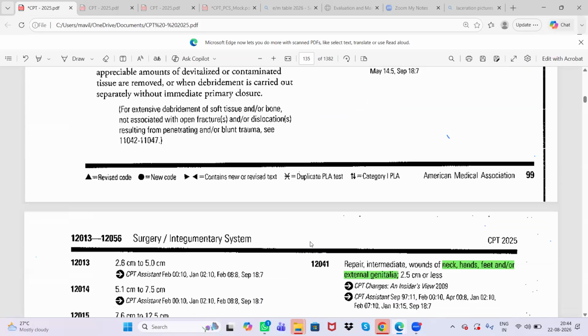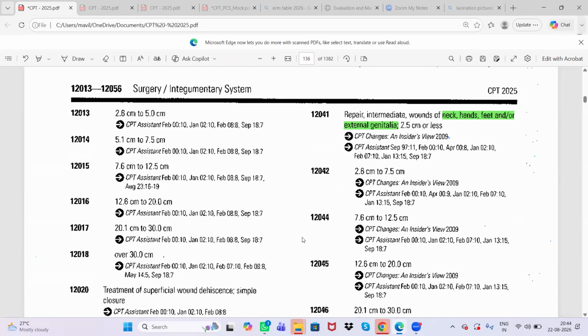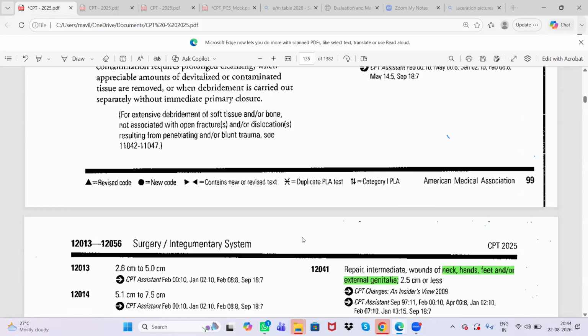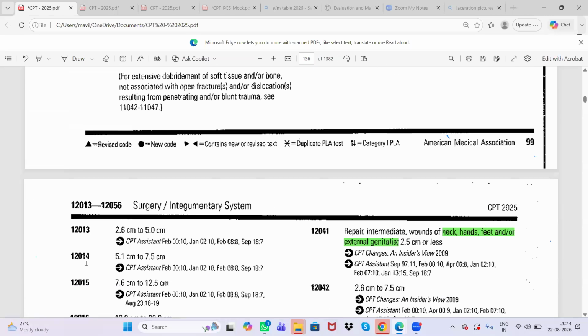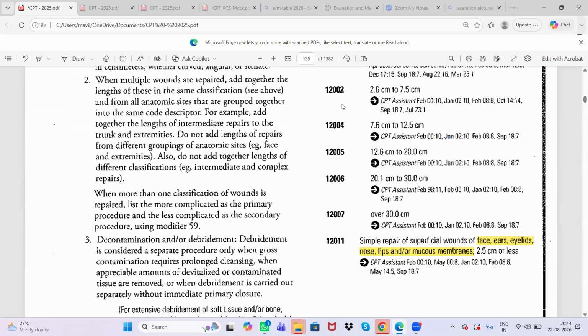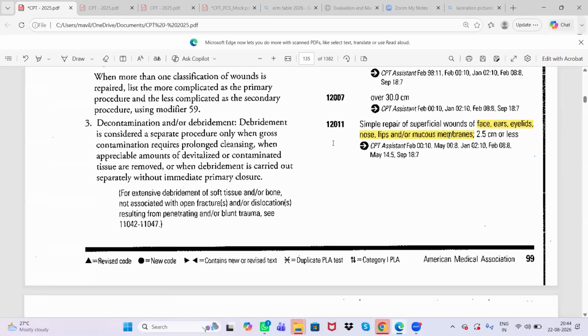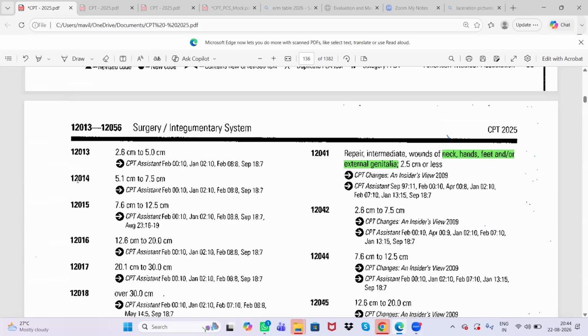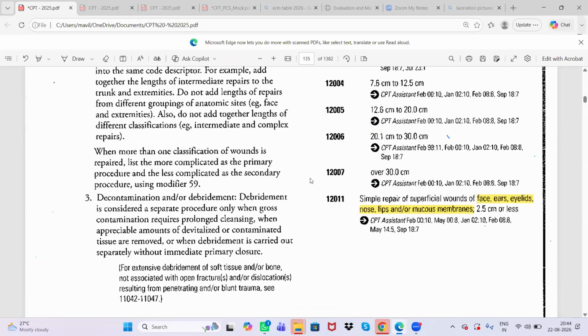The question which I asked just before, you guys already gave the answer: 12014 and 12002. These are the answers for my question. So 12014 will come as the primary code, followed by 12002.